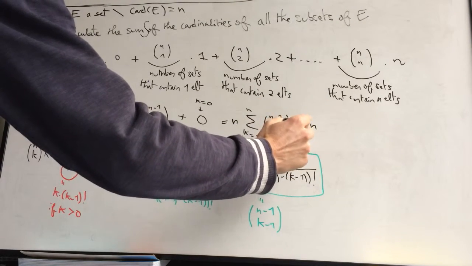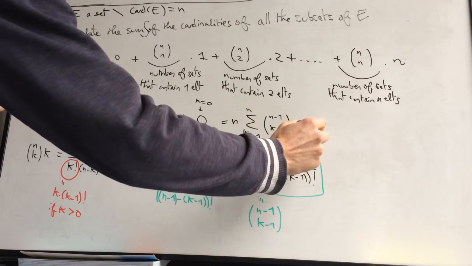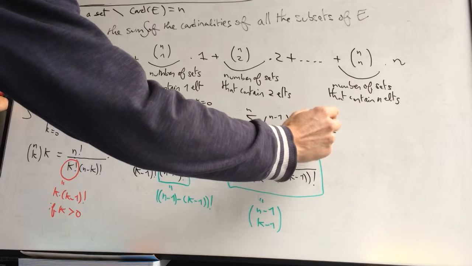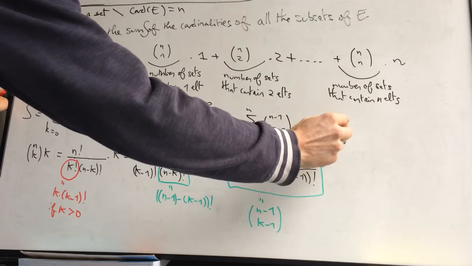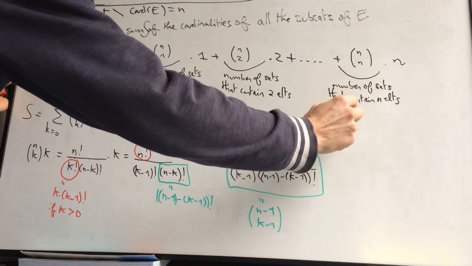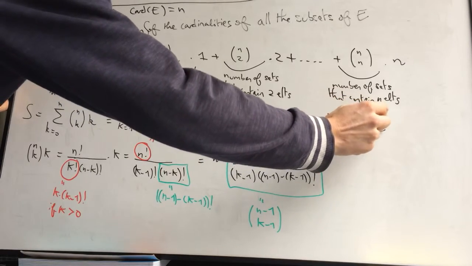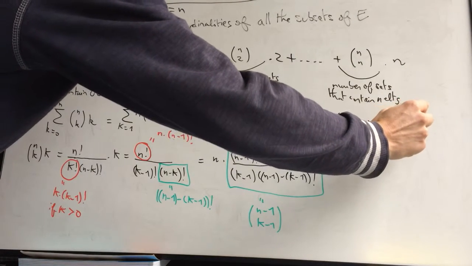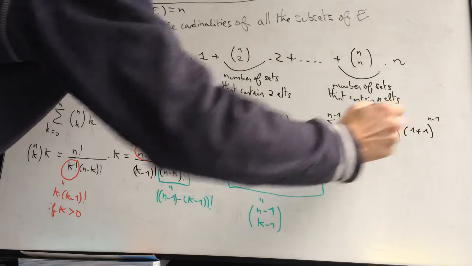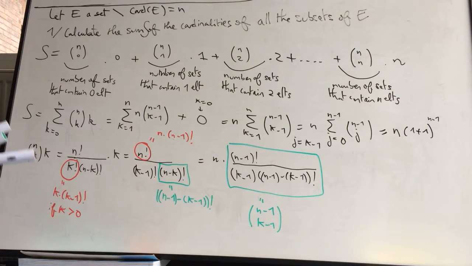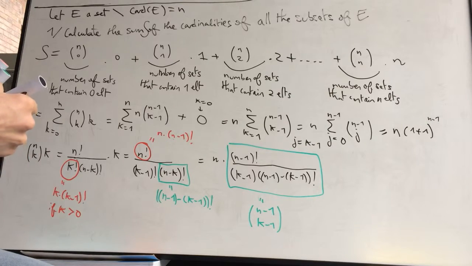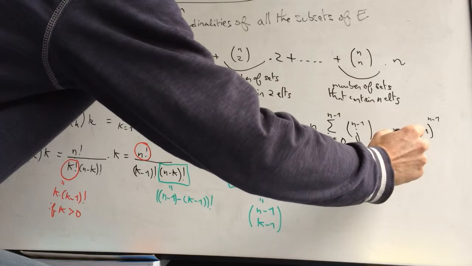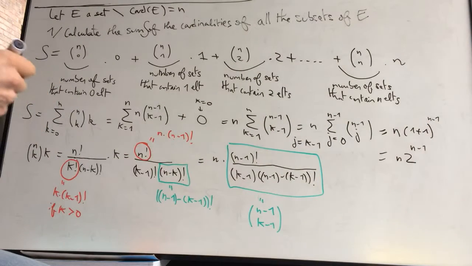I put j is equal to k minus 1, so I get the summation of j is equal to 0 to n minus 1 of n minus 1 choose j, and thanks to the binomial theorem we get n times 1 plus 1 to the power of n minus 1, which is equal to n times 2 to the power of n minus 1.